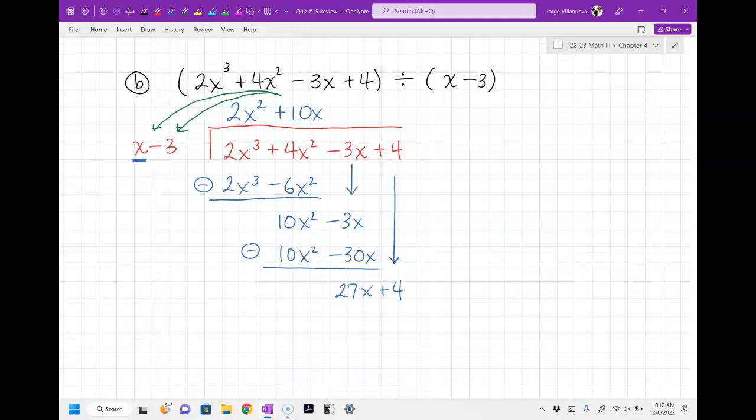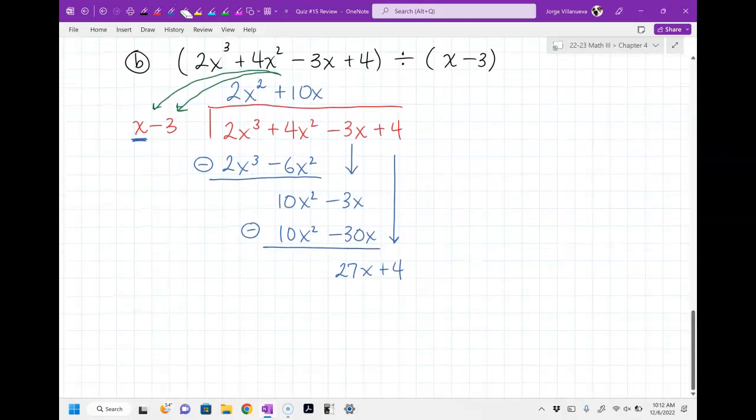So last step here. Remember, once you drop everything, then you're on your last steps. Okay, so we've dropped everything now. So I need x to become 27x. So what do I multiply it by? Say again? If I want x to become a 27x, what should I multiply by?